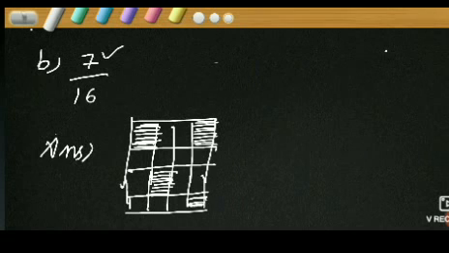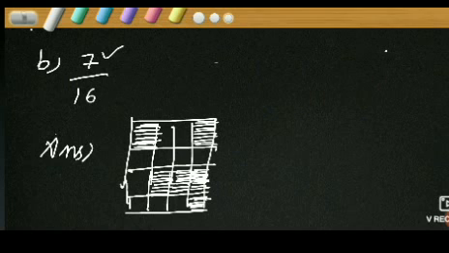Okay, now we have shaded how much? 1, 2, 3, 4, 5, 6, then there is this 7. You can choose boxes as per your wish, no problem.